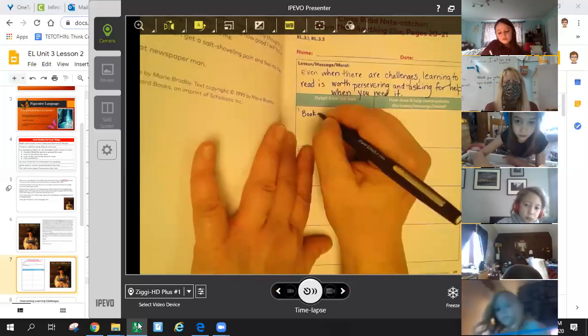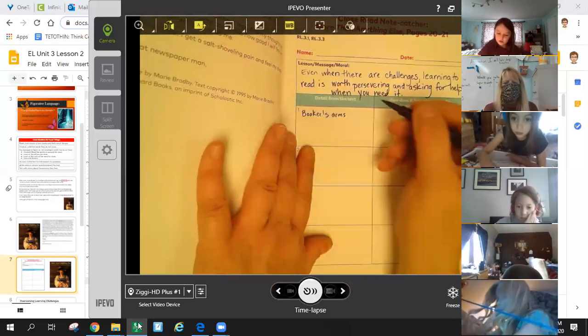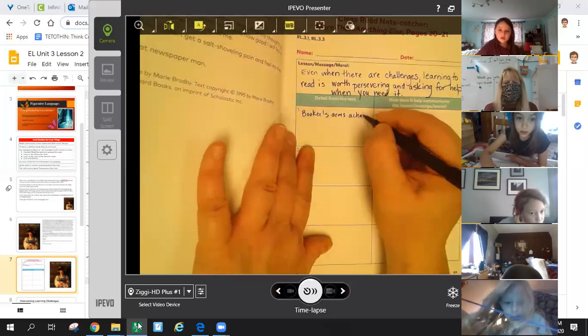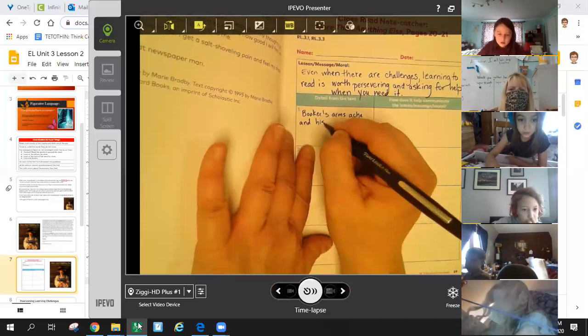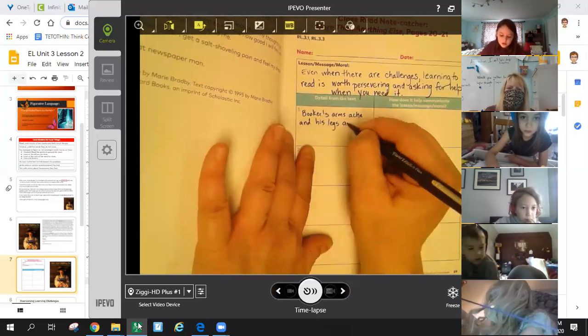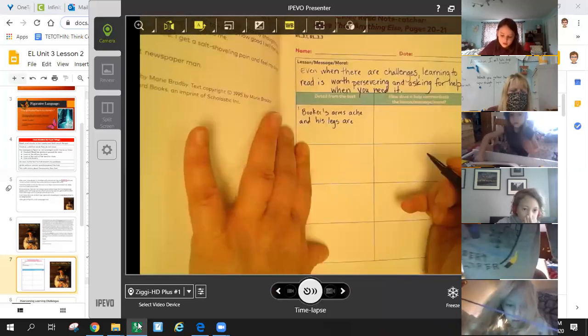Booker's arms ache and his legs are stained. You can copy the sentence from right here too, up in your book.